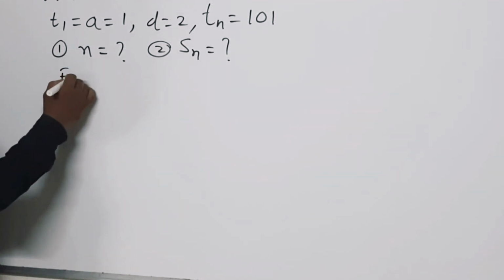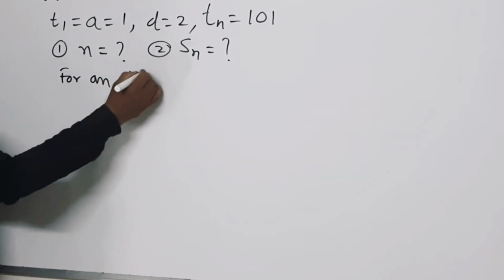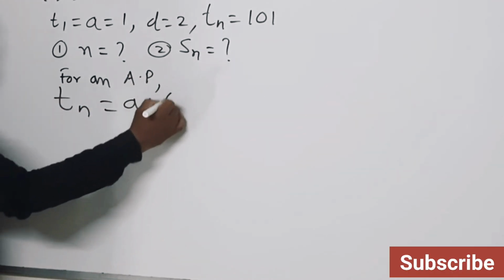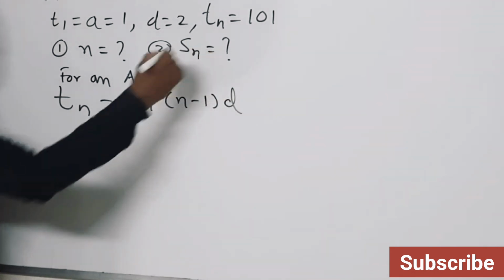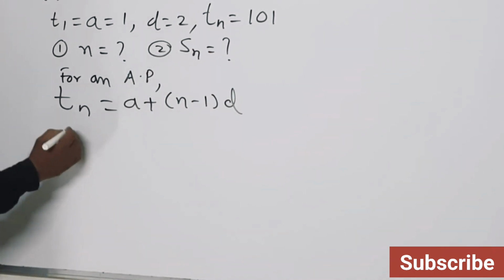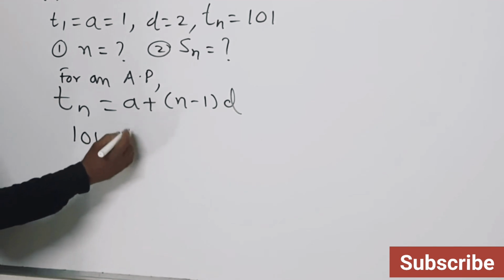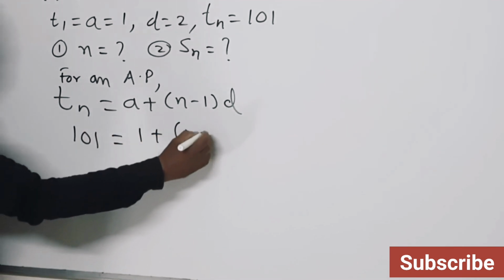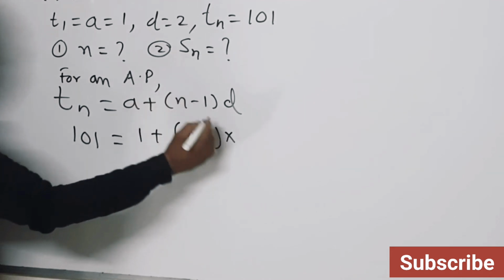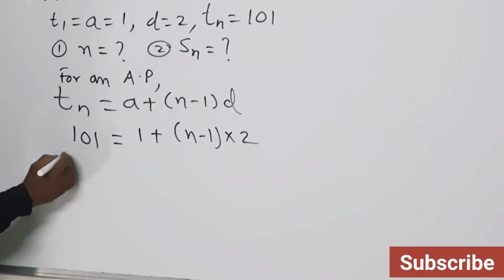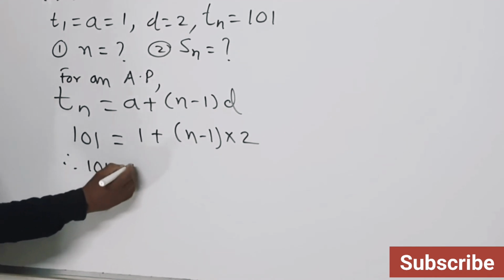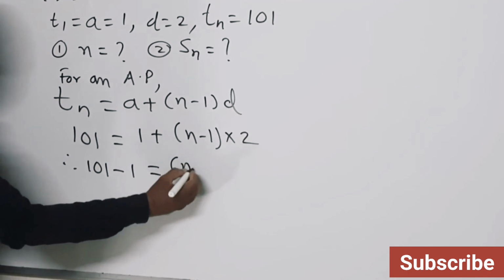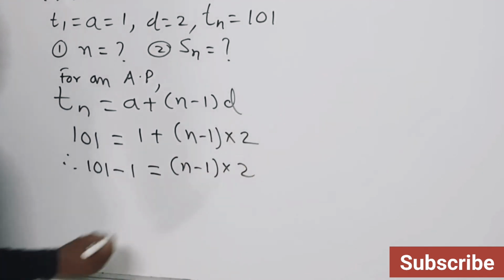So for an AP, for an arithmetic progression, Tn is equal to A plus n minus 1 into D. So Tn is given as 101 is equal to A, which is 1, plus n minus 1 into D, which is 2. Therefore, 101 minus 1 will come on the left hand side, is equal to n minus 1 into 2.